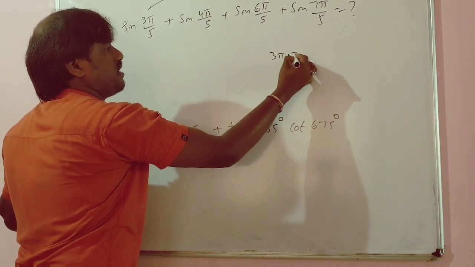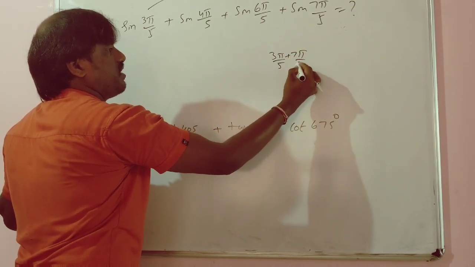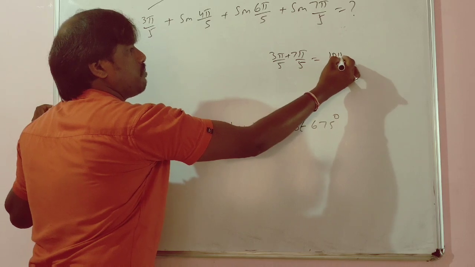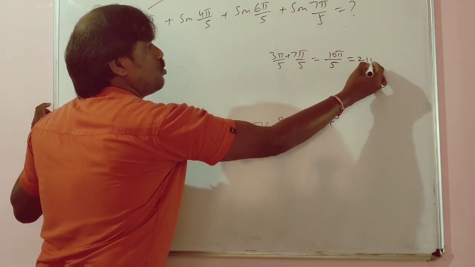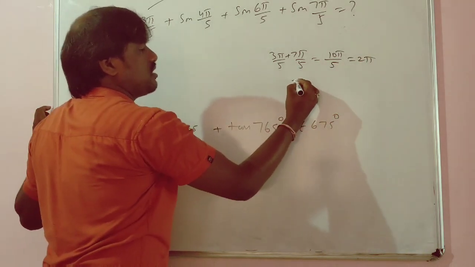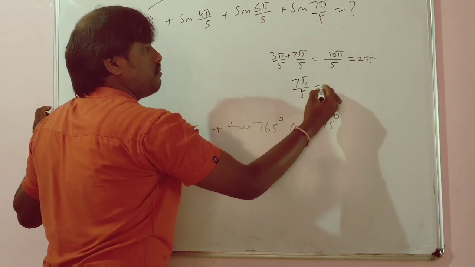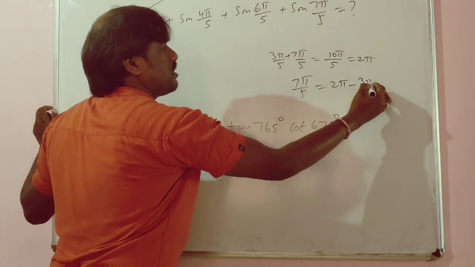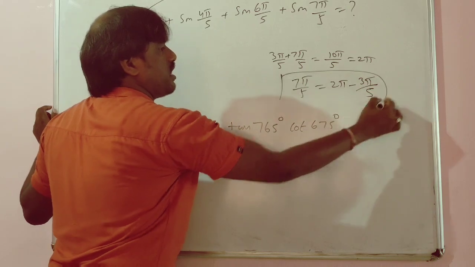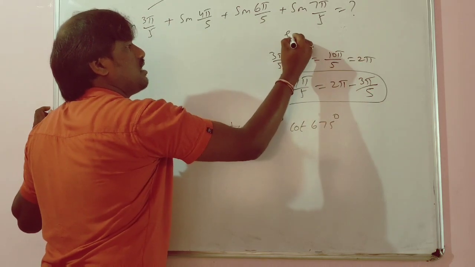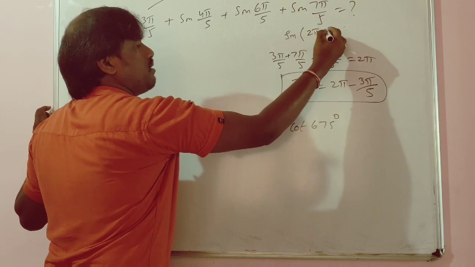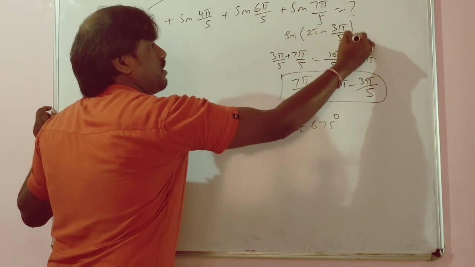3 pi by 5 plus 7 pi by 5: if you do the LCM, I am getting 10 pi by 5, that is equal to 2 pi. It means 7 pi by 5 can be written as 2 pi minus 3 pi by 5. So I can write this as sine of 2 pi minus 3 pi by 5.